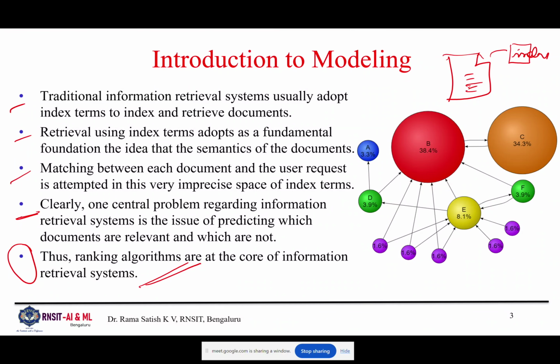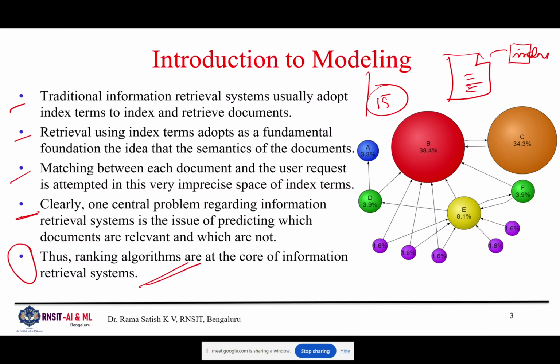In order to make this ranking algorithm work, we model. There are actually 15 models. So, what is there in your syllabus? Only that we are going to discuss. Ranking algorithms operate according to basic premises regarding the notion of document relevance.